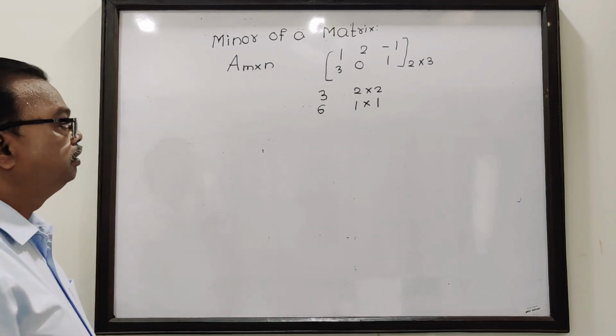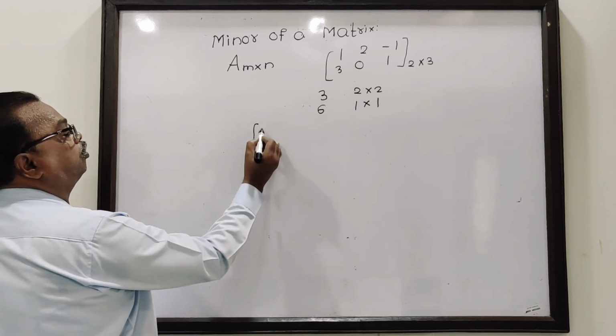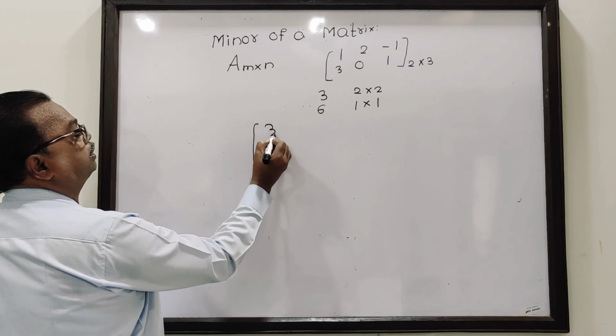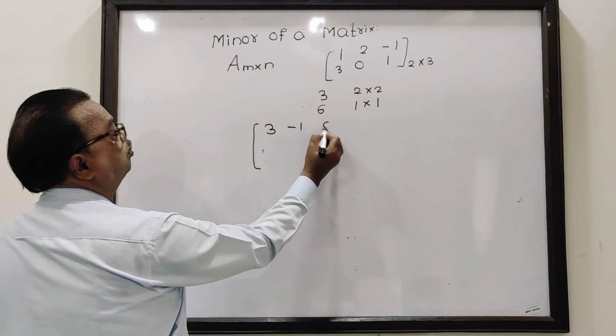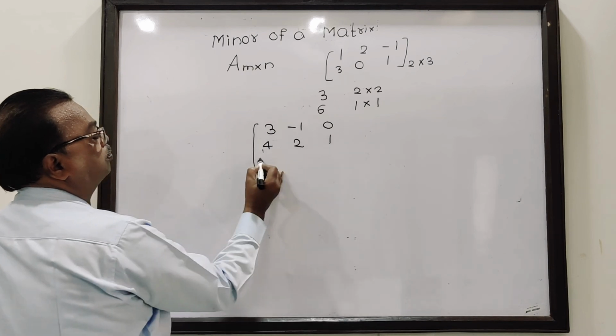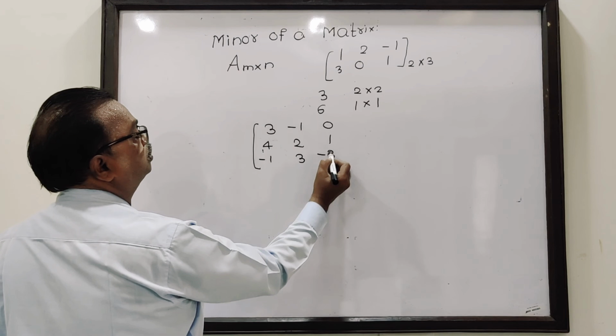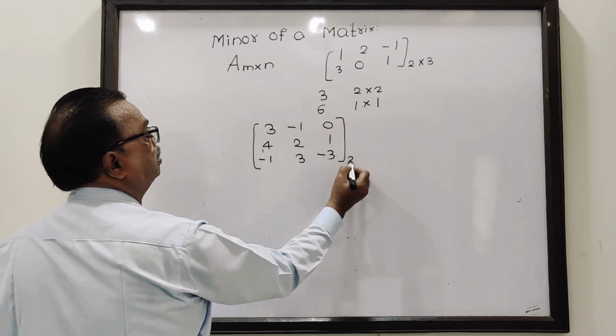Okay. Now suppose this is a matrix of order 3 by 3: 3, minus 1, 0, 4, 2, 1, minus 1, 3, minus 3.